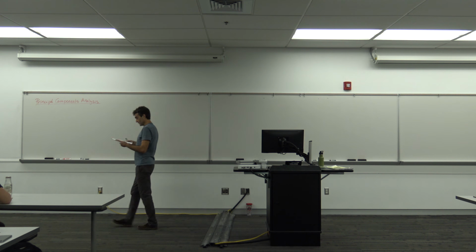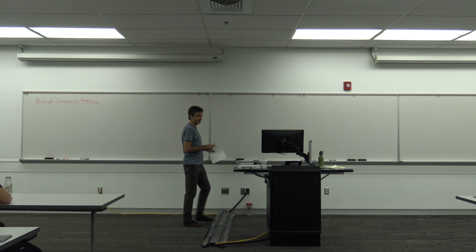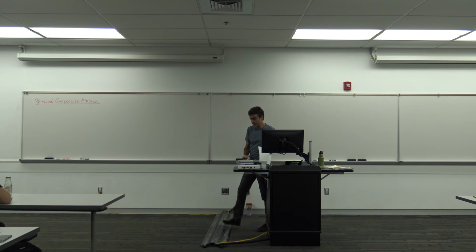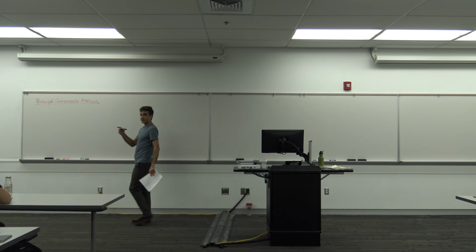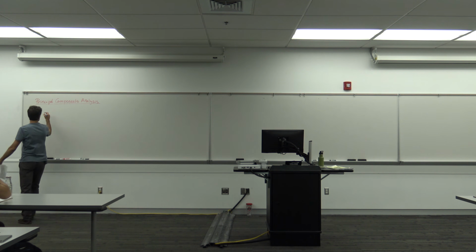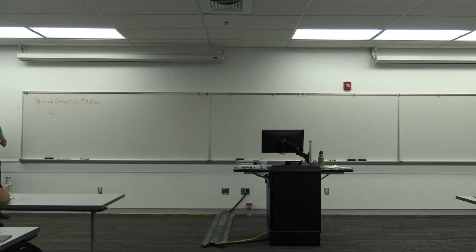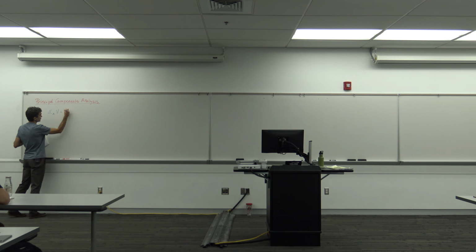So let's remember where we were at. Let's review very quickly. We've computed the covariance matrix that, remember, specifies the correlations of the data. So we have our covariance matrix sigma x, and from that sigma x we can do an eigenvalue decomposition.